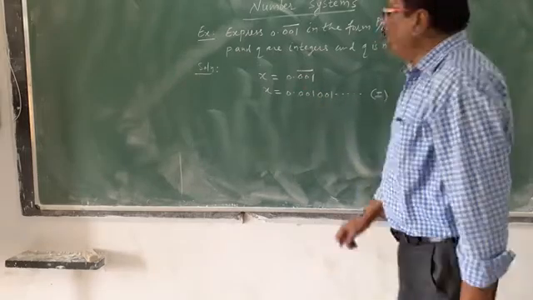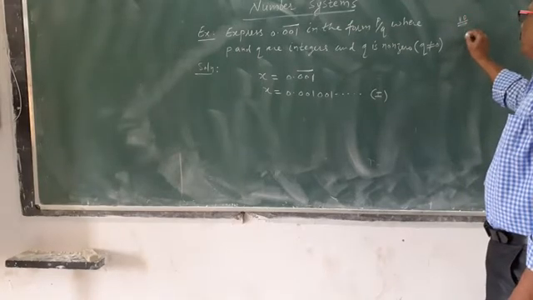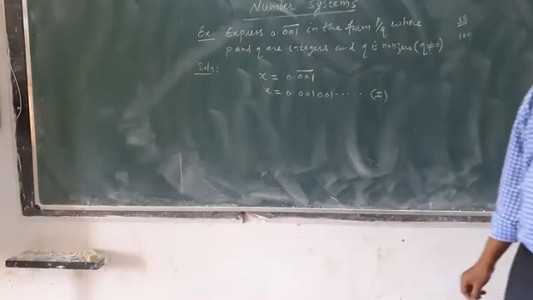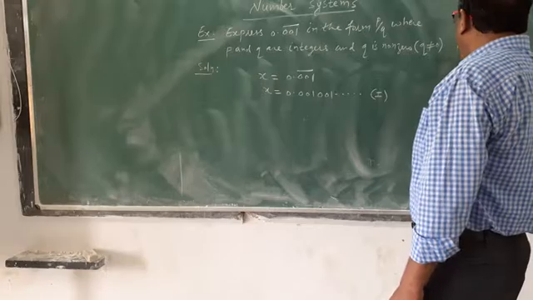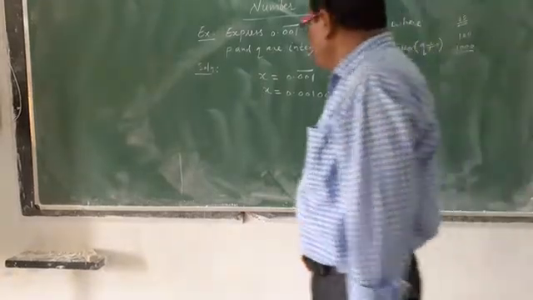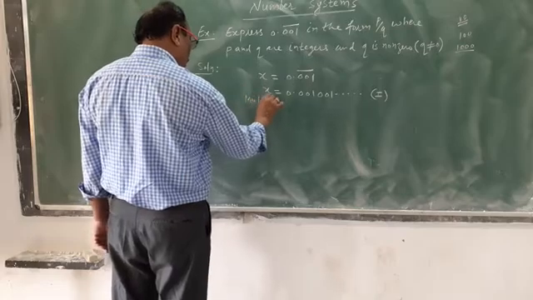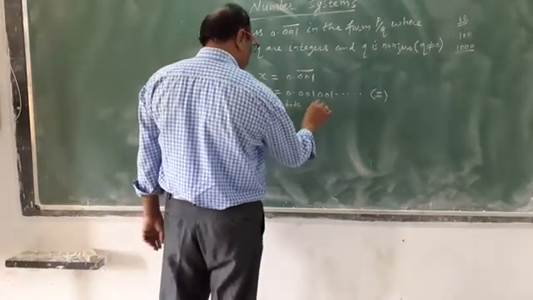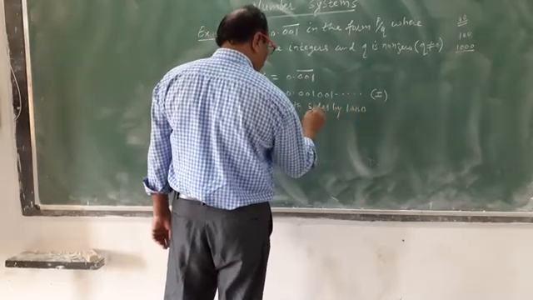Means if 1 digit is repeating, then you multiply by 10 to both sides. 2 digits are repeating, then you multiply by 100. If 3 digits are repeating, means we have to multiply both sides by 1000.